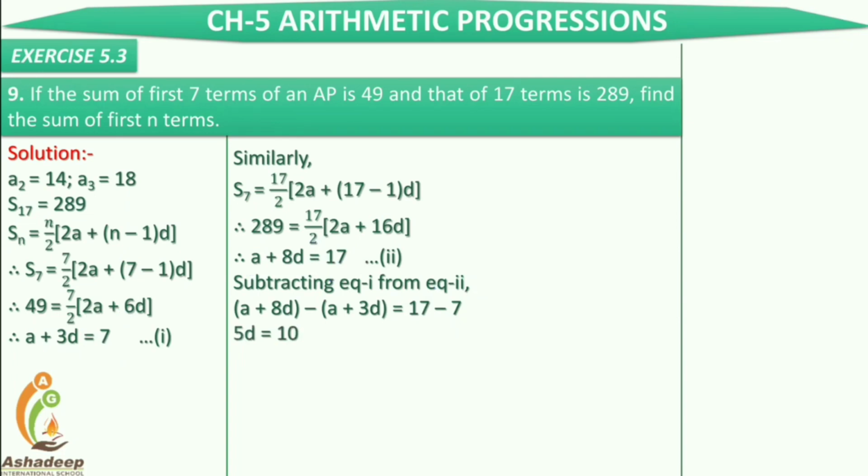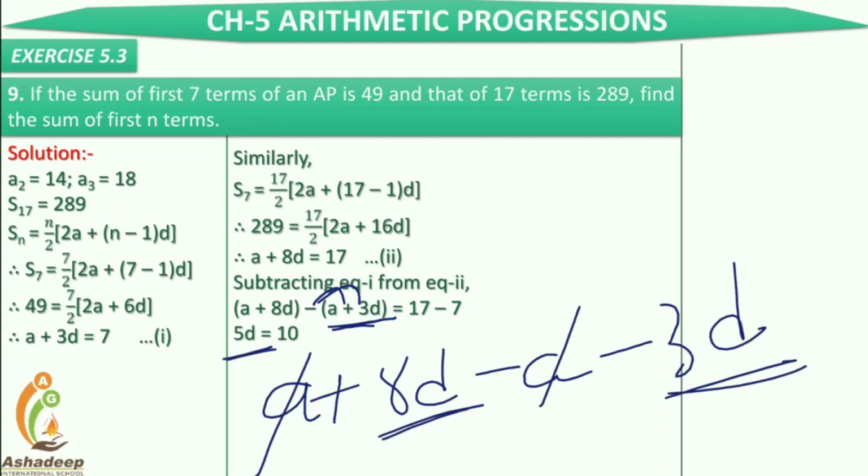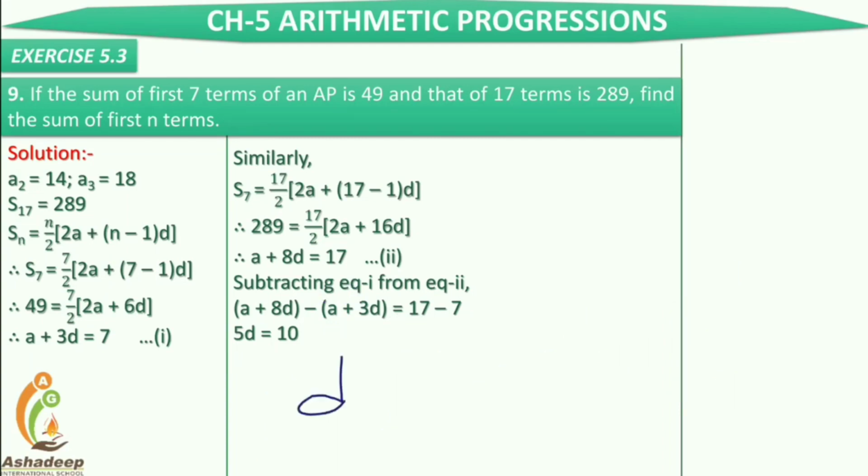See, if you open this bracket, a plus 8d, minus a, minus 3d. If the minus sign goes into the bracket, it changes the sign of the terms in the bracket. This a and a cut. So 8 minus 3 is nothing but 5d. Therefore d is equal to 10 by 5, which is 2.